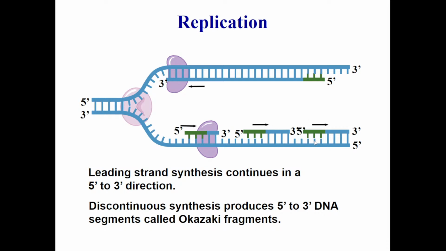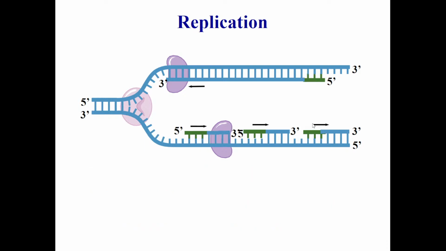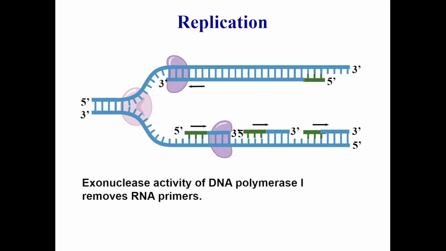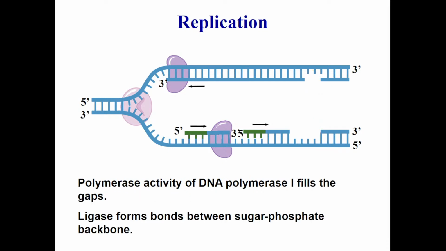But primers will appear, and for excision of primers another DNA polymerase is necessary, which is called DNA polymerase 1, which will excise and remove RNA primers, and DNA polymerase will fill the empty places.